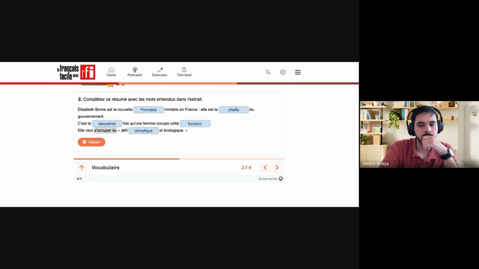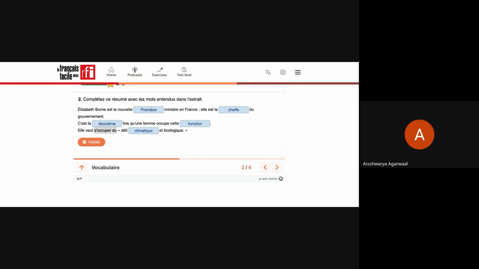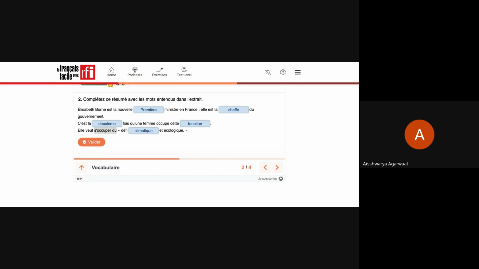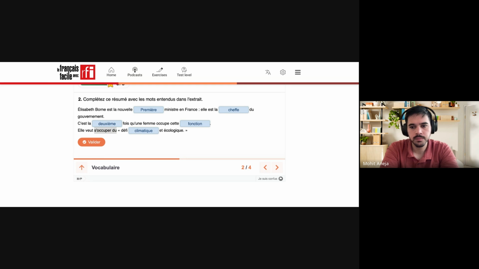See this sentence. Aishwarya, can you read this? Which one? The one written on the chart. Je m'occupe de mes parents car ils sont âgés. What does it mean?